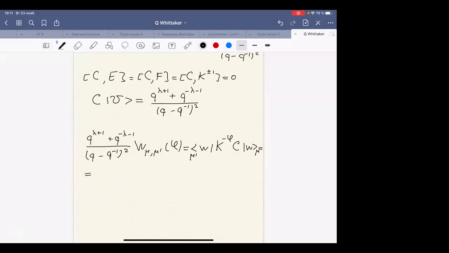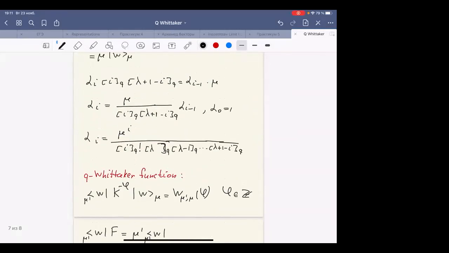Let me think. We may have some problems with the divergence. Yes, maybe. Let me say that I don't want to talk about it. So I consider just formal power series.